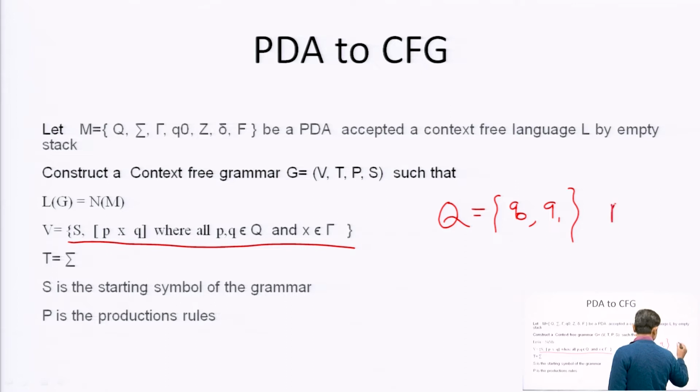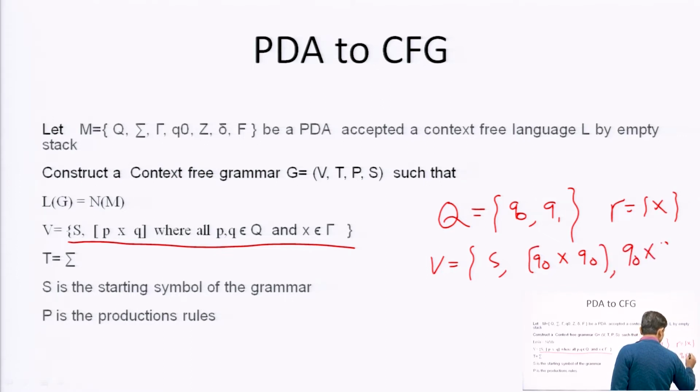Assume the stack top is X. Then the variables will be S, the starting symbol, and [Q0 X Q0], [Q0 X Q1], [Q1 X Q1], and [Q1 X Q0].